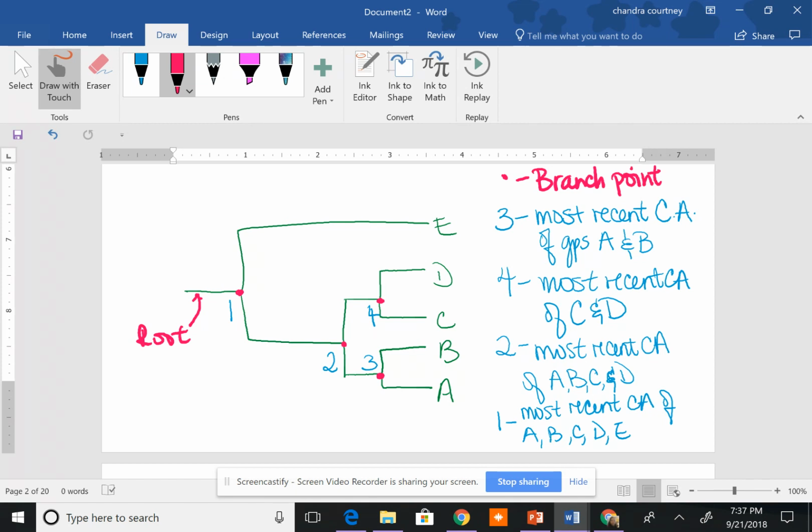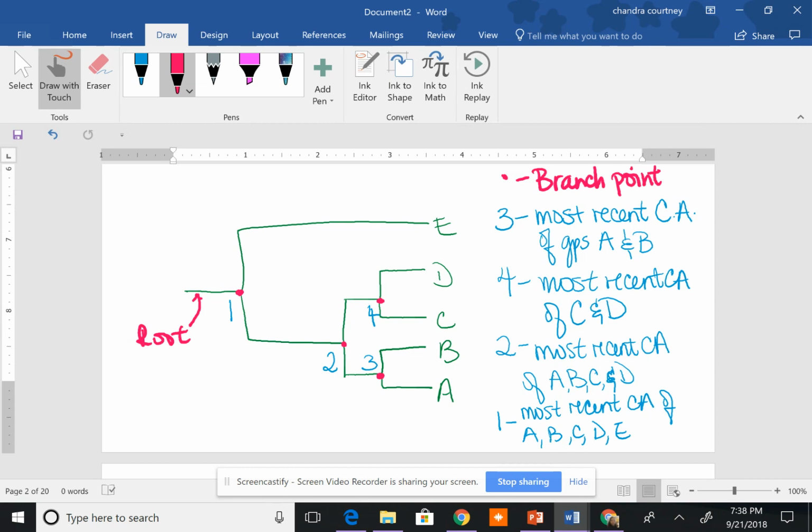One of the methods you can use to figure out how related or less related you are is by doing what's called a walk backwards. So you start at whatever species you are trying to figure out, and you walk down the branch until you get to a node. And that pinpoints where the most recent common ancestor would be.